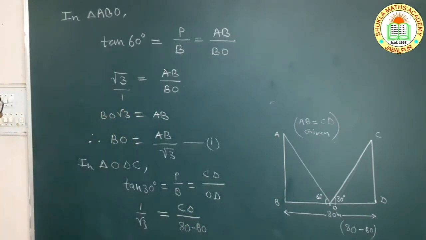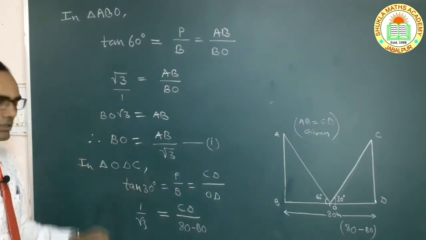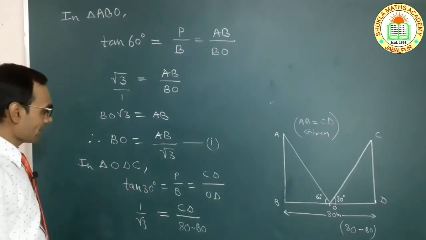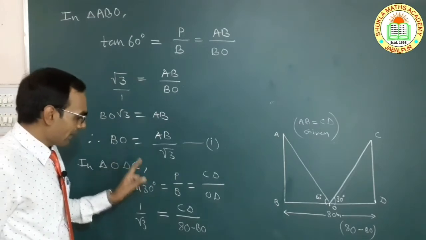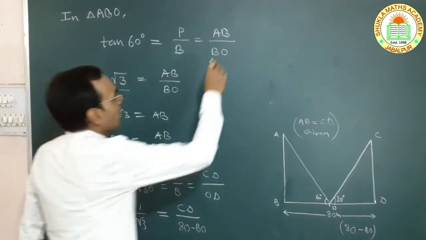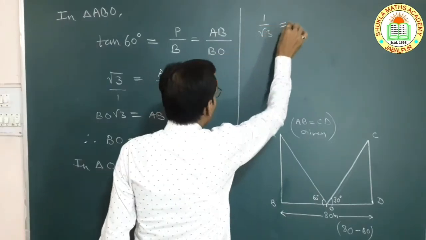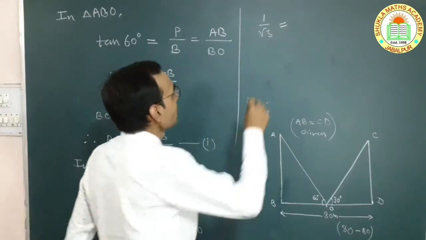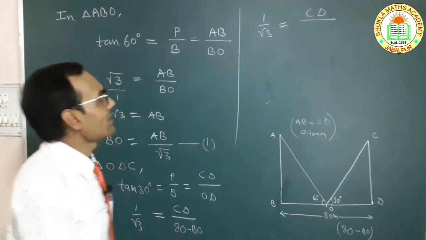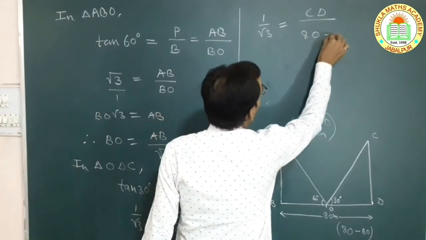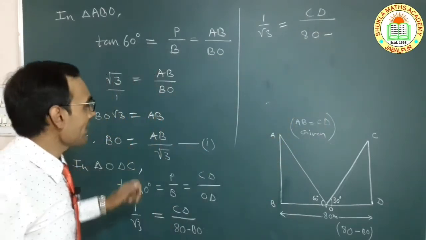And our BO is AB by root 3. Putting this value of BO from equation 1 in this equation, it becomes 1 by root 3 equal to CD upon 80 minus BO, where BO is AB by root 3.